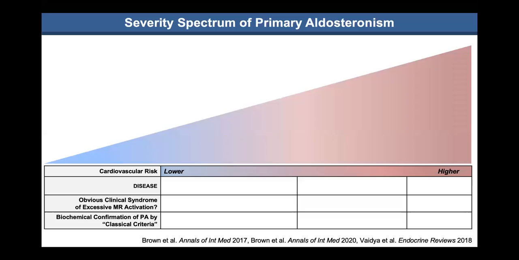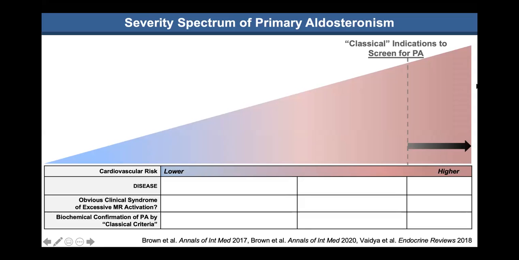So this is how I think about primary aldosteronism. This is the severity spectrum of primary aldosteronism, ranging from low in blue all the way to high in red, and it's paralleled by the risk for cardiovascular disease. This gray line represents the current indications to screen for primary aldosteronism, meaning individuals with resistant hypertension and/or hypokalemia.